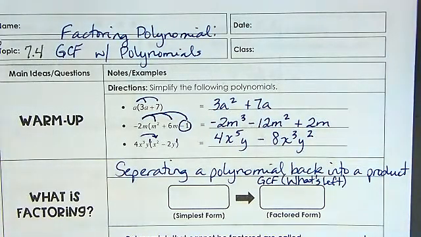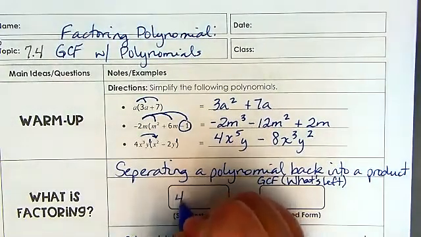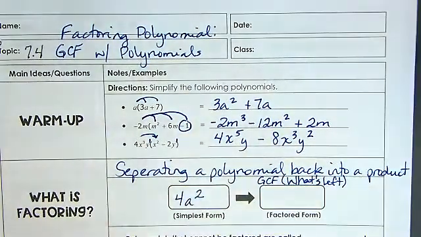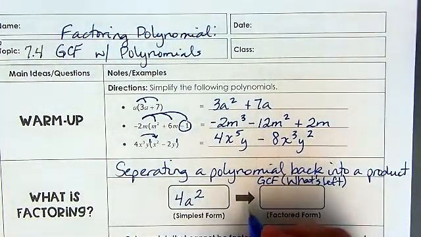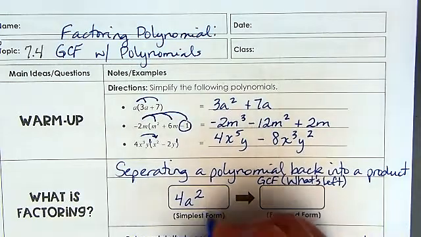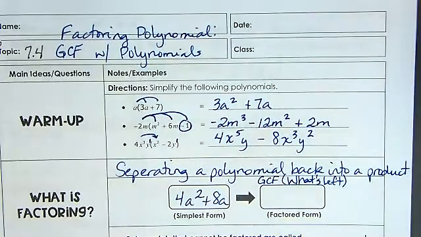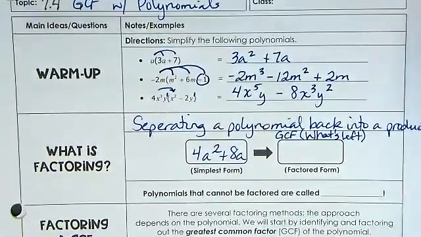Okay, so for instance, if I have 4a squared plus 8a, my goal is to get it into factored form. The way I like to think about these is I find the prime factorization or a factorization with a common term. Okay.